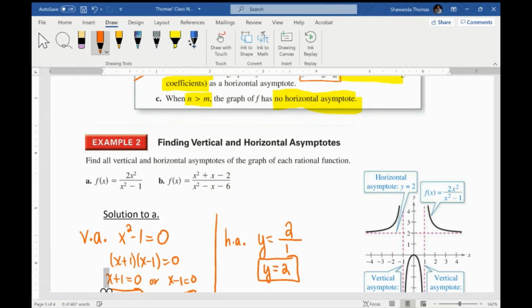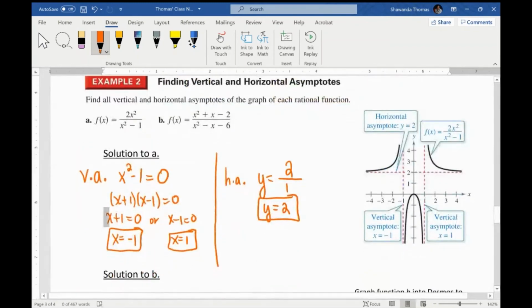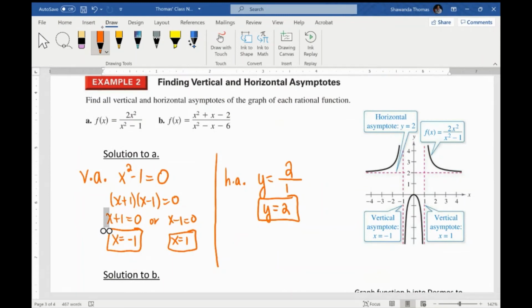All right. And here's the graph on the right. I didn't point it out because I wanted you to see that they have two vertical dashed lines that represent the vertical asymptotes, and then they have that horizontal line over here. That's your horizontal asymptote.